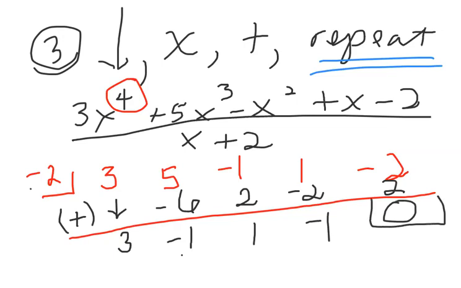So now we can move on to step 4, which is the last step. And step 4 is simply to go ahead and incorporate the variables, because we did this without the variables. So now we have to go back in and plug in the variables. Now remember what I said earlier, this is a fourth degree polynomial. So when you carry out the division process, it's going to reduce this fourth degree polynomial down to a third degree polynomial.